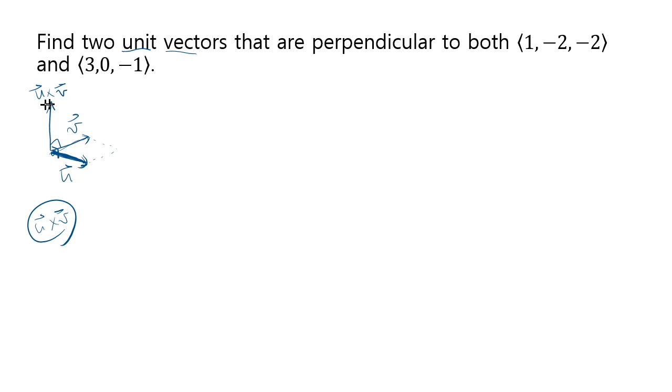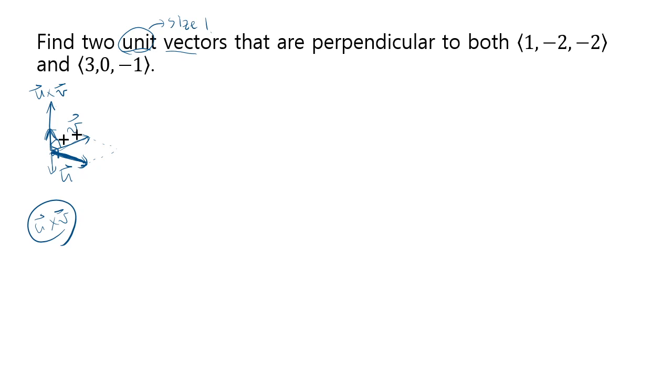So after you find out what this vector is, you should normalize it. A unit vector means a size 1 vector, right? So you have to divide the vector by its size so that it becomes size 1. And if you have one vector that's normalized, you just take the negative of that vector, and it gives you another unit vector in the other direction, right?